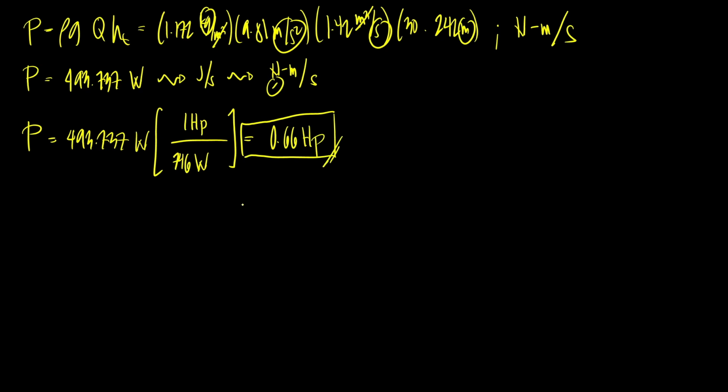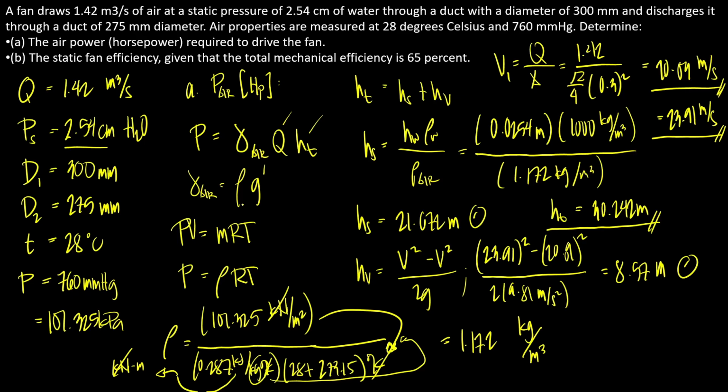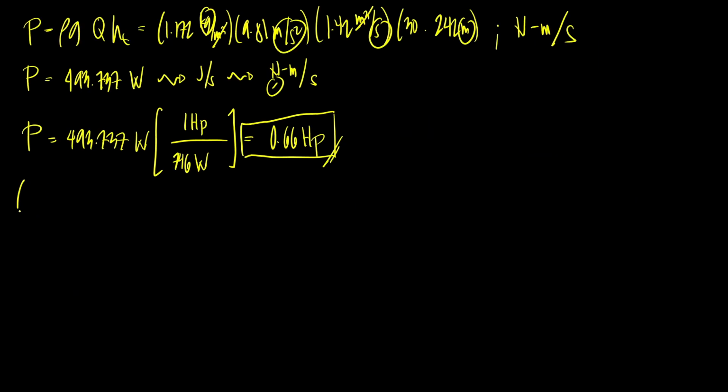Oh no, we still have a second question. Sorry. The question is the static fan efficiency, given the total mechanical efficiency is 65%. So we know in B the mechanical efficiency is 65%. We need to find the static efficiency.